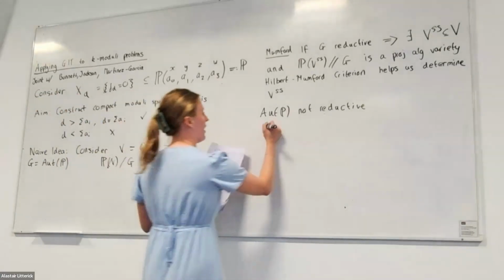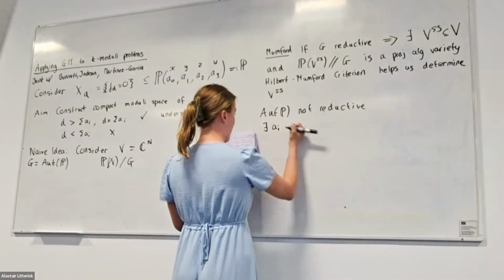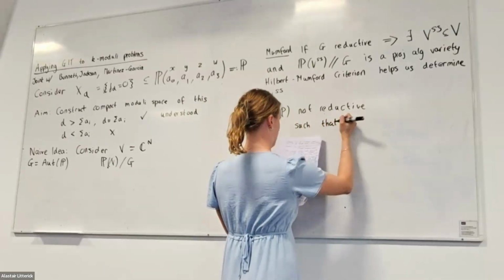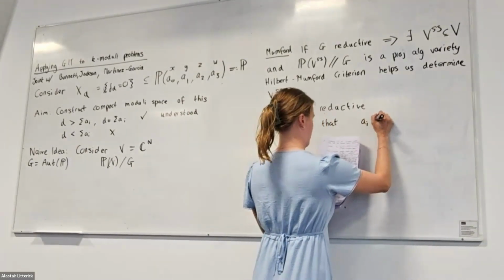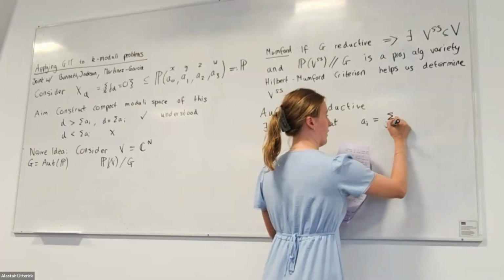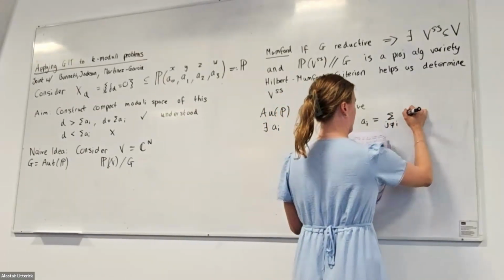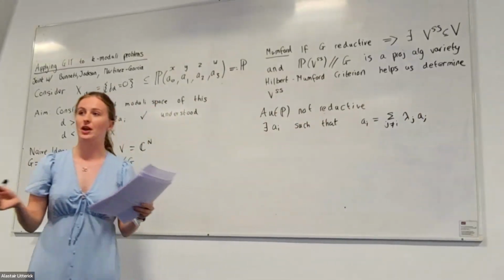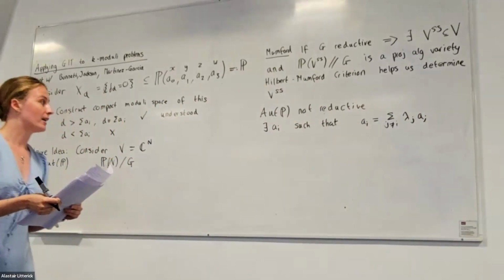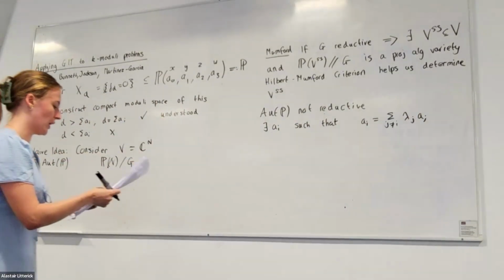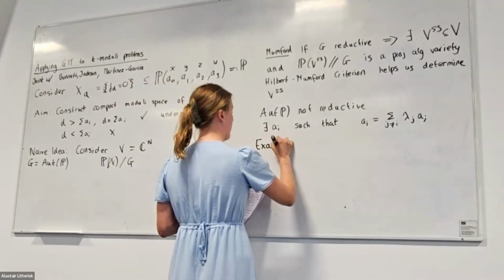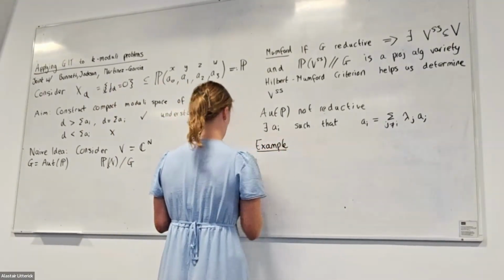So as in, there exists an a_i such that a_i is equal to the sum of some formulation of the other weights. An example of when this occurs is the degree 100 case.